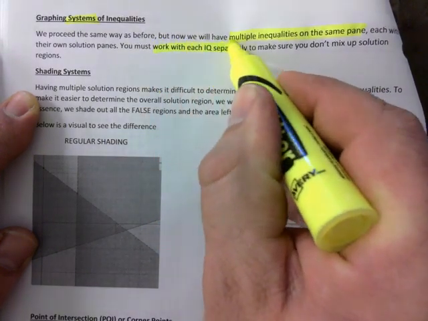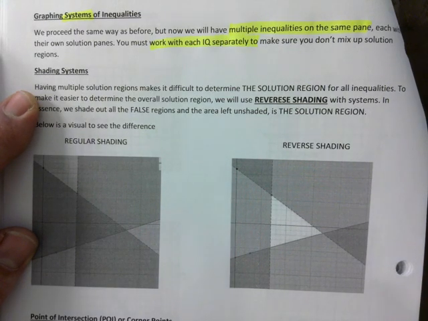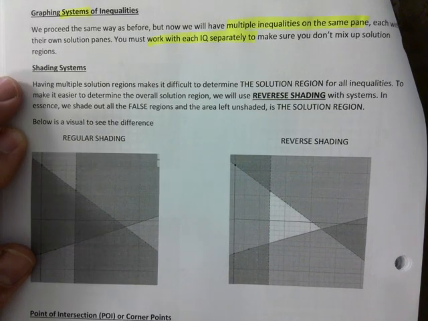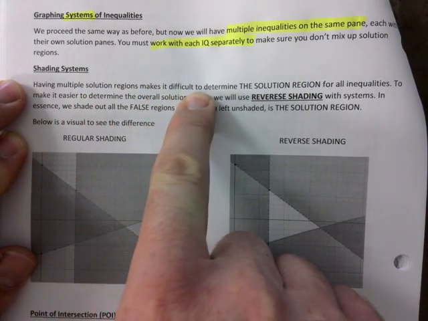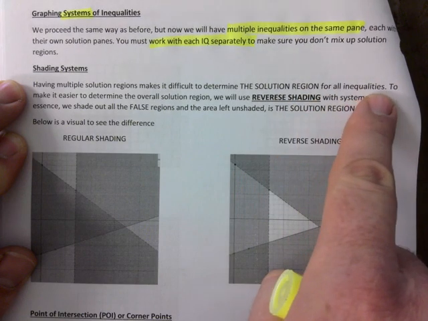Work with each inequality separately to make sure you don't mix up your solution region. That's very important. Don't do them all at the same time. That's going to be your biggest enemy. Shading systems: having multiple solution regions makes it difficult to determine the solution region for all inequalities.